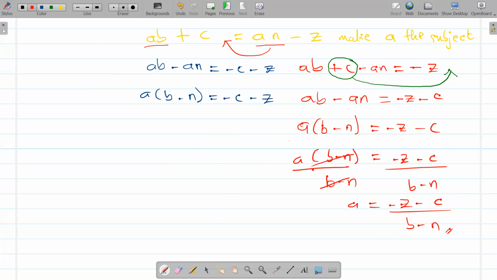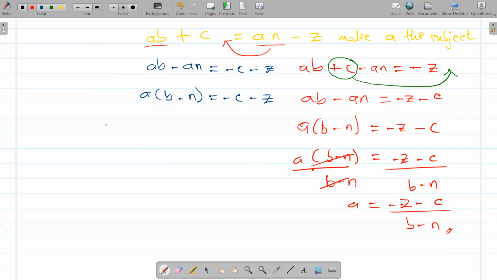When we are moving it, be mindful of the sign. Move them one after the other. Don't move two at a go. The first step, you move one, get the equation. The next step, you move another, get the equation. Then as you practice and you become perfect, you'll be able to move 3 terms at the same time.